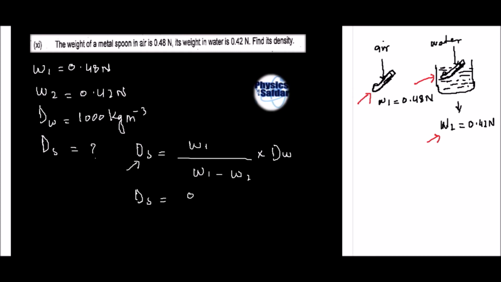W1 is 0.48 over 0.48 minus W2, that is 0.42, times density of water, it is 1000, and finally we get the density of a spoon, 8000 kilogram per cubic meter, and that is the final answer.